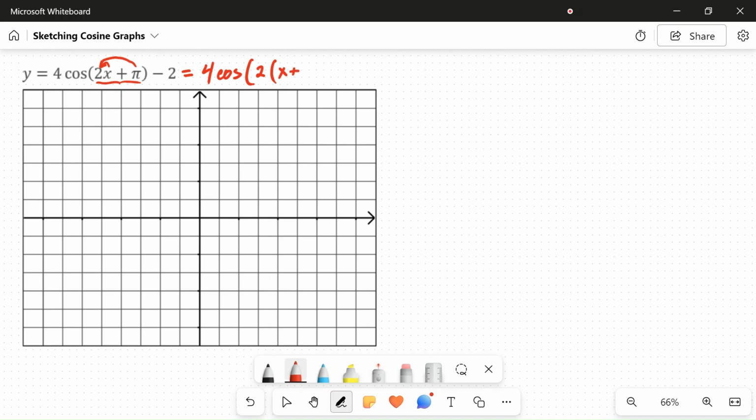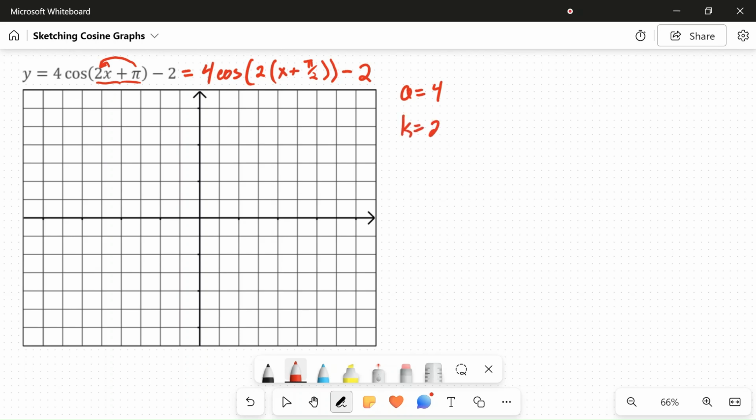So it's going to be x plus pi over 2. And that's going to end my double quantity, and then a minus 2 on the outside. Okay, so always make sure that there's nothing directly in front of the x except for an understood one. Once we get that, we can go ahead and follow the same process. So A, our amplitude, is 4, not reflected.